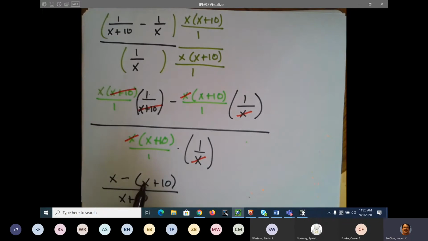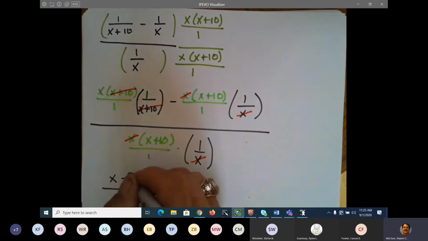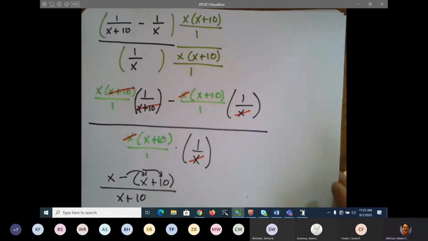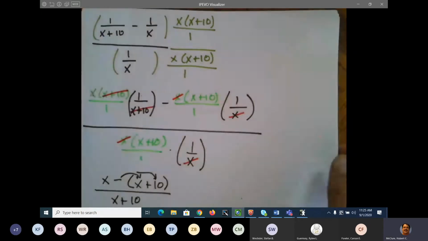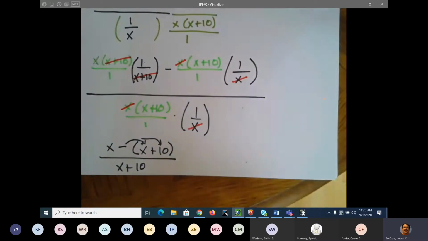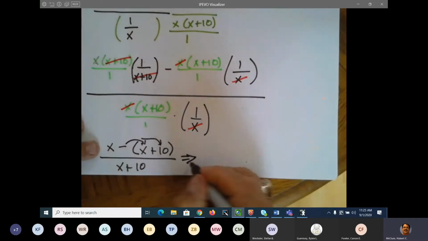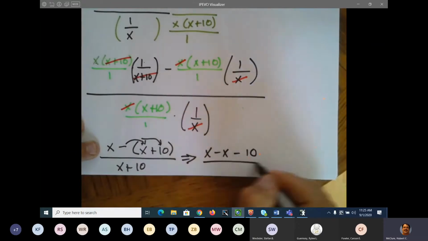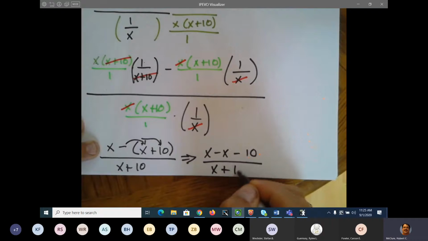And x minus x, well, that negative turns that into a negative and that into a negative. It's hard to write. I'm going to have to move this up because I'm at the edge of my table. Okay, see the table goes right here. Okay, so that's going to be x minus x minus 10 over x plus 10.